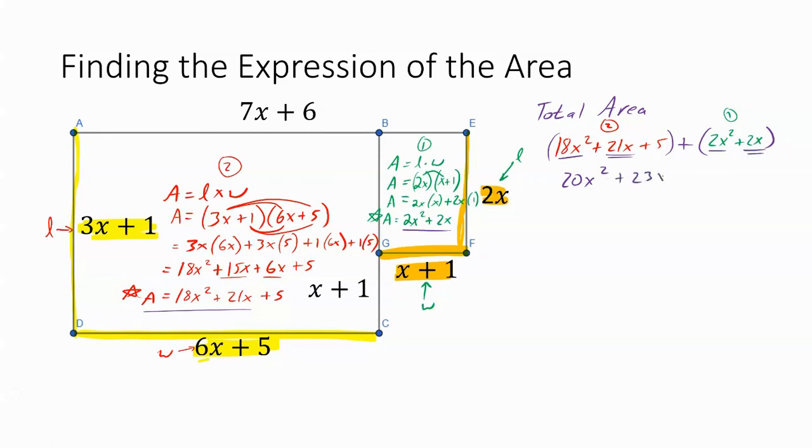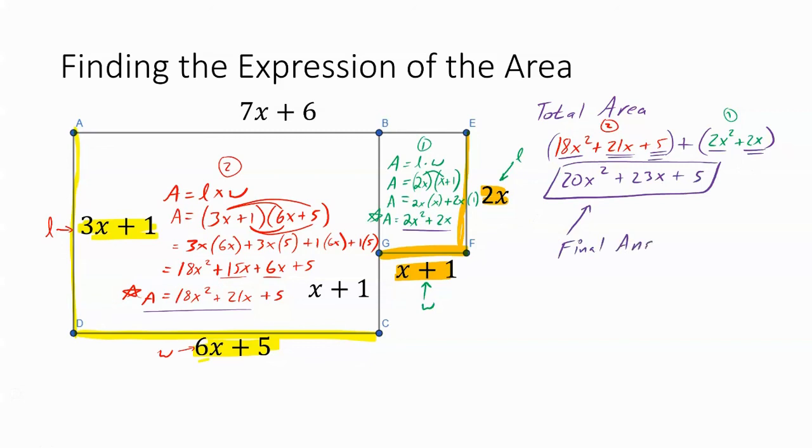That'll give us 23x. And it looks like the constant 5 here can't be combined with anyone, so he's just along for the ride. Okay, so our expression to represent our total area is this. And that would be the final answer.